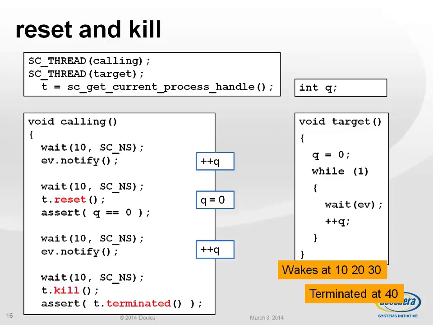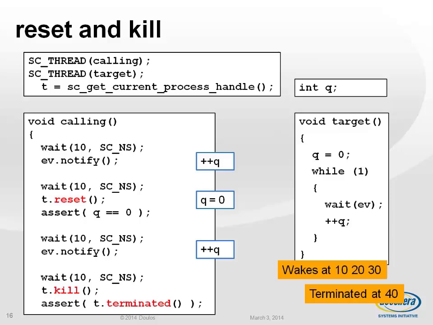And the same down the bottom of the slide when we come to kill things off. So we call T.kill. T.kill says, stop this process, terminate it, stop it executing. So the call to T.kill will actually kill this process off prior to the return from T.kill.